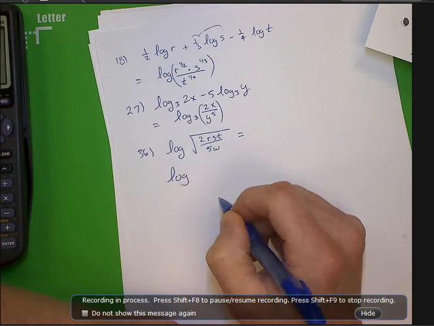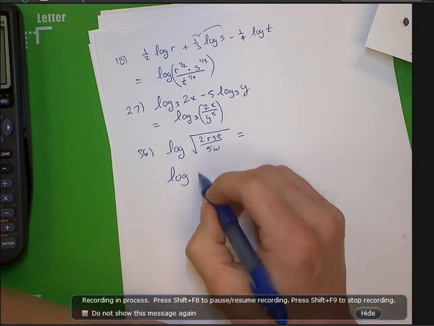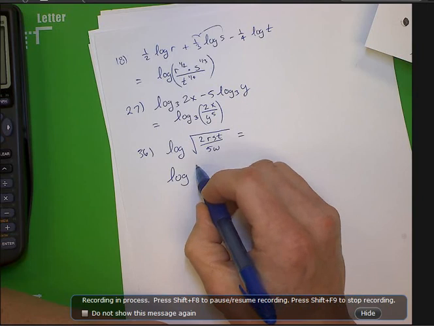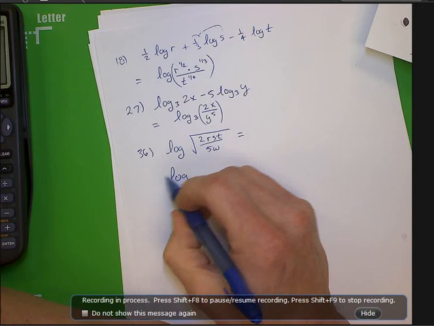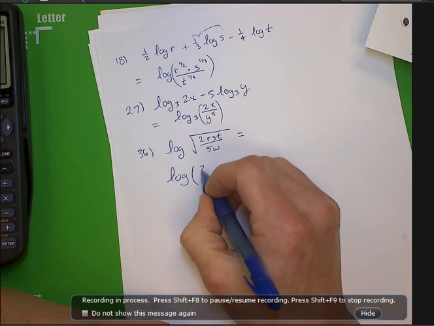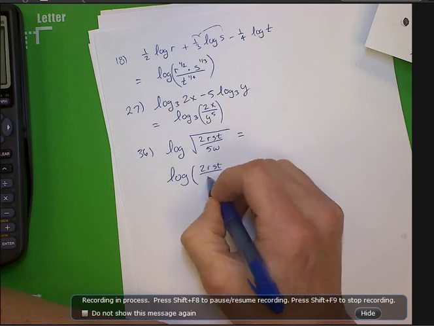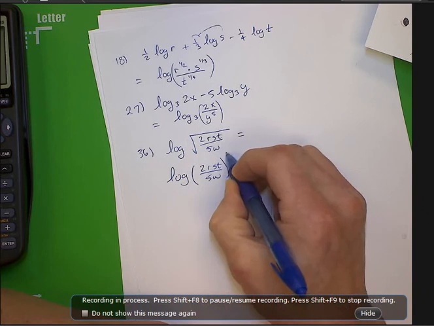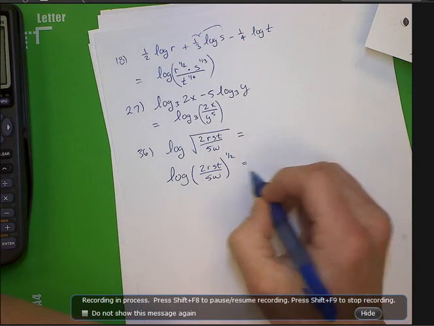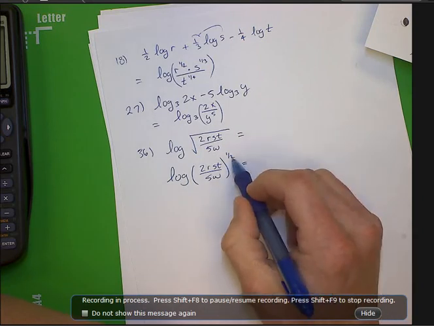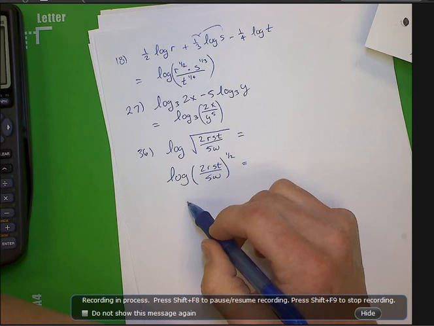I'm going to rewrite this as the log of 2rst divided by 5w to the 1/2. That's the same as the square root, right? Which now if I want to take this 1/2 outside, I certainly can.